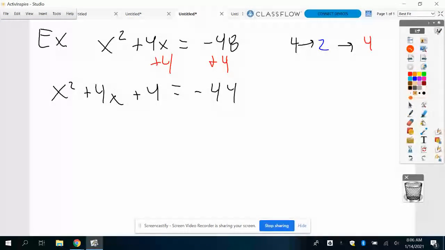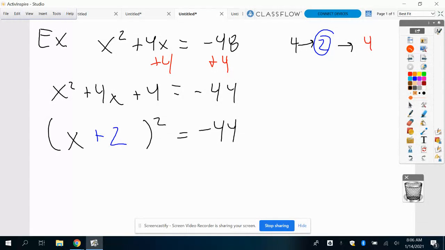Then we want to factor. So we have x plus some integer, squared, equals negative 44. The integer that goes in there is this 2, so it's x plus 2 squared. Then we want to square root both sides. At this point, something should be dinging in your head, and that is this right here.